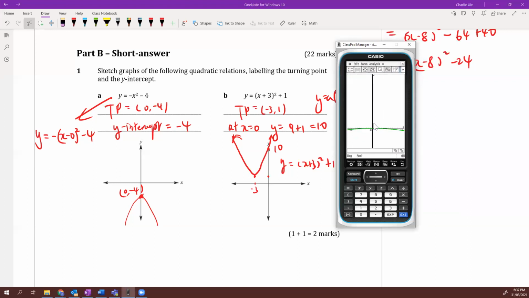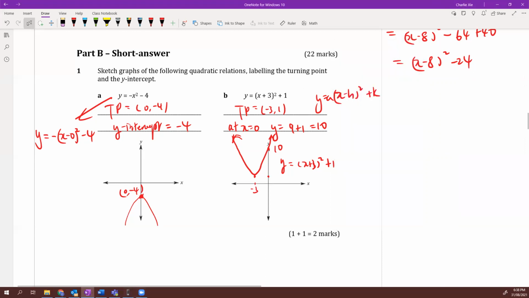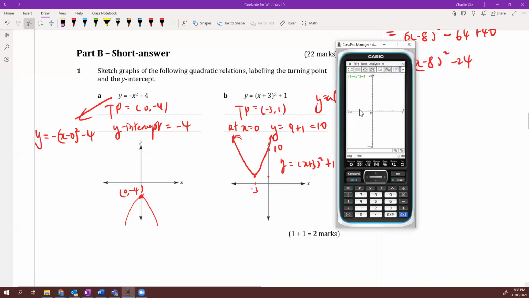Okay, this is too close to the axis and you couldn't determine the number. So what you could do is go to your view window and your Y. Look at this, your Y minimum is negative 2000 or something. That's too big. Let's make it negative 50 and maximum 50, because my scale for my Y-axis was too big. That's why it's very hard to see. Okay, now it's so much easier.